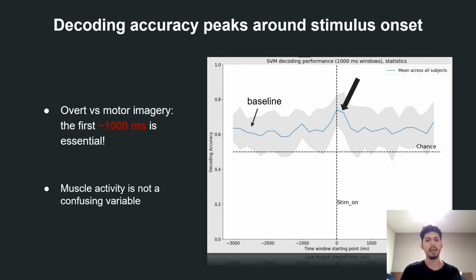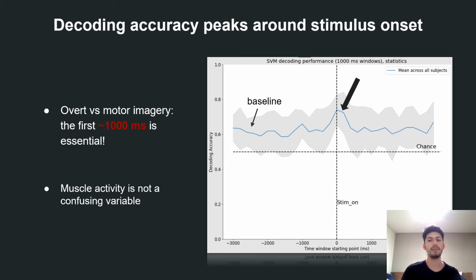Here, the mean decoding accuracy of the support vector machine is plotted as a function of time before and after stimulus onset. Accuracy before stimulus onset, during the rest period, provides the baseline level, and decoding accuracy is observed to increase at the onset of the stimulus.